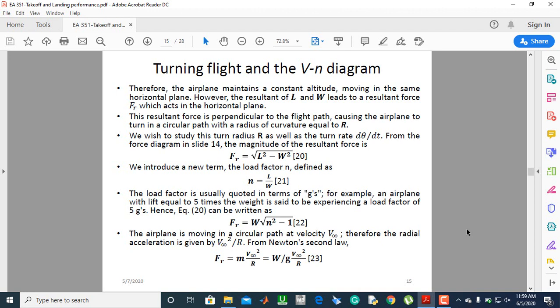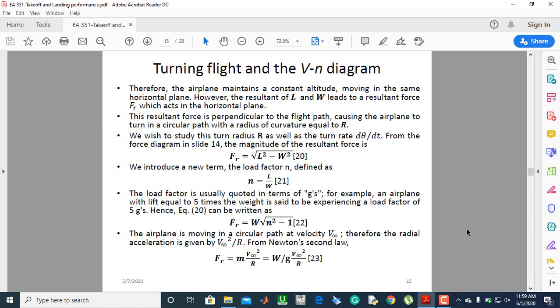And the resultant force is perpendicular to the flight path, causing an airplane to turn in a circular path with a radius of curvature R. So under this subtopic, turning flight, we wish to determine the turn radius, like how large or big should be the turn radius, as well as the turn rate. So d theta over dt is the turn rate.